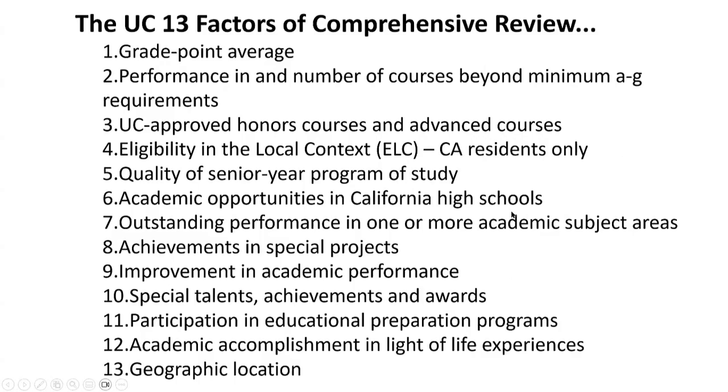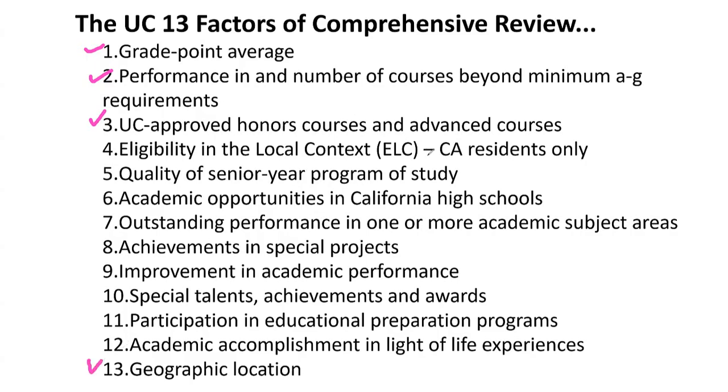Then let's move on to the UC 13 factors of comprehensive review. UC uses a more complicated formula, but basically they still take the GPA, course trends, and also geographic location.